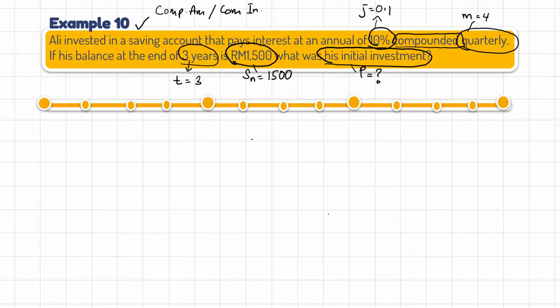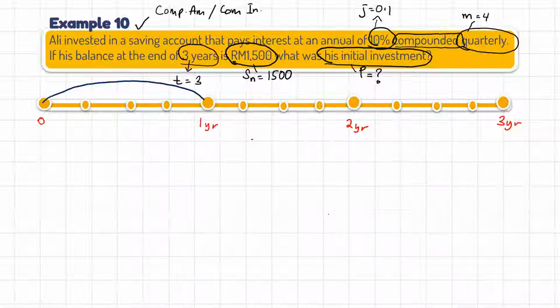Now let's look at the timeline that we have. So this is the timeline. Here we have 0. This is 1 year. This is 2 year. And this is 3 year, since the question asks for 3 years. Okay. For 10% compounded quarterly, our J is equals to 0.1. So the loop that we are going to have is from 0 to 1 year. So this will be J equals to 0.1.